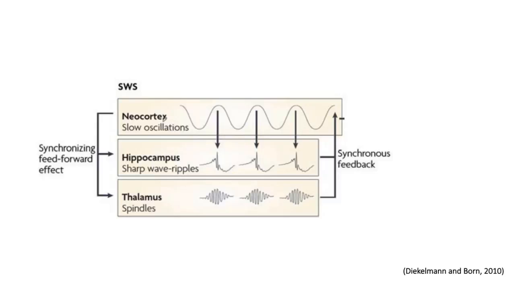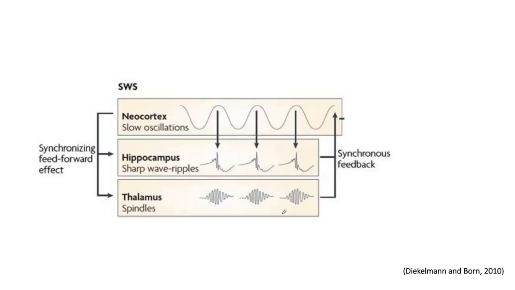One important thing that I can tell you in terms of the slow oscillations, the sharp wave ripples and the spindles, is that they are highly interacting with each other. It seems that the slow oscillations in neocortex are interacting with hippocampus, and also the thalamus is basically generating the entire loop.